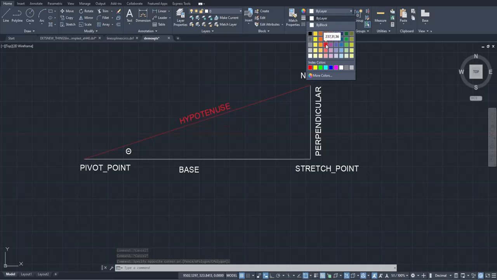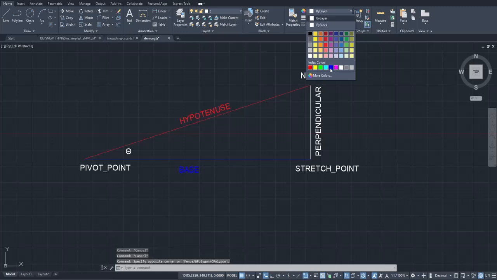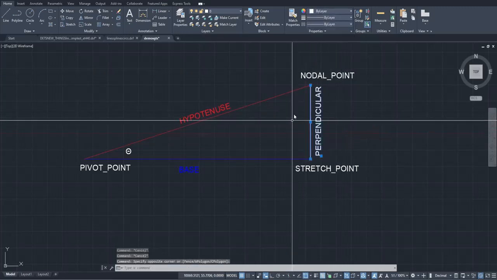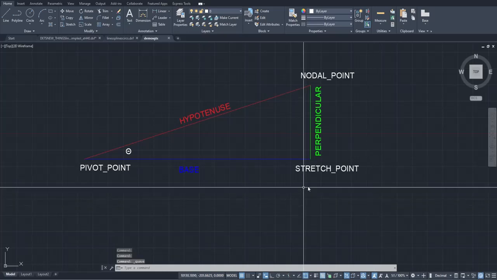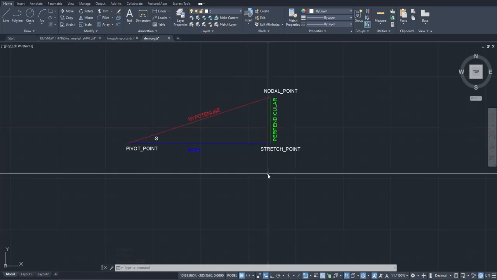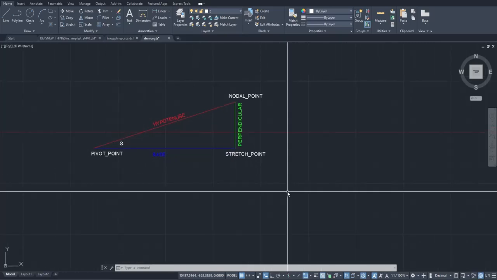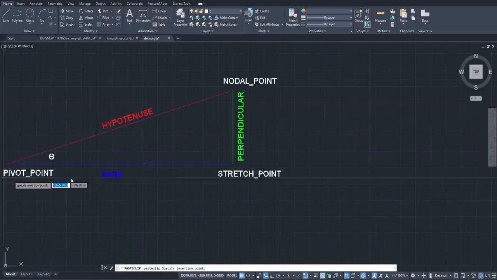The hypotenuse is colored red, the base is colored blue, and the perpendicular is colored green, so that we can discuss which kind of line segments overlap with other line segments. We need this in different theorems, and for that we need proper nomenclature for our understanding.